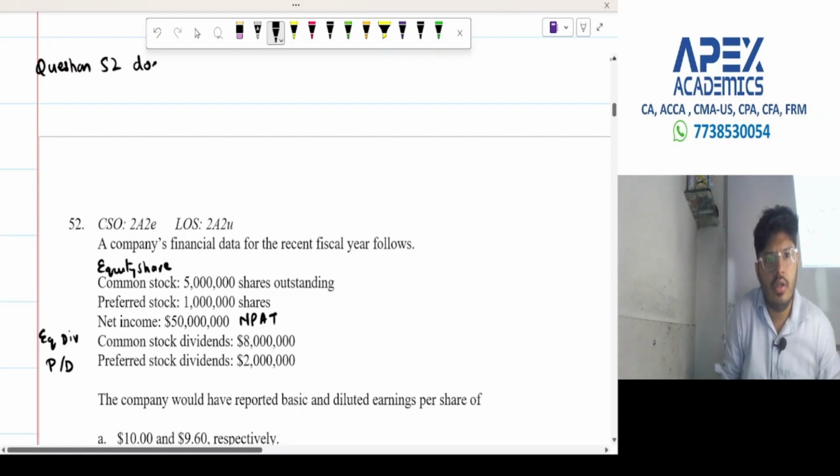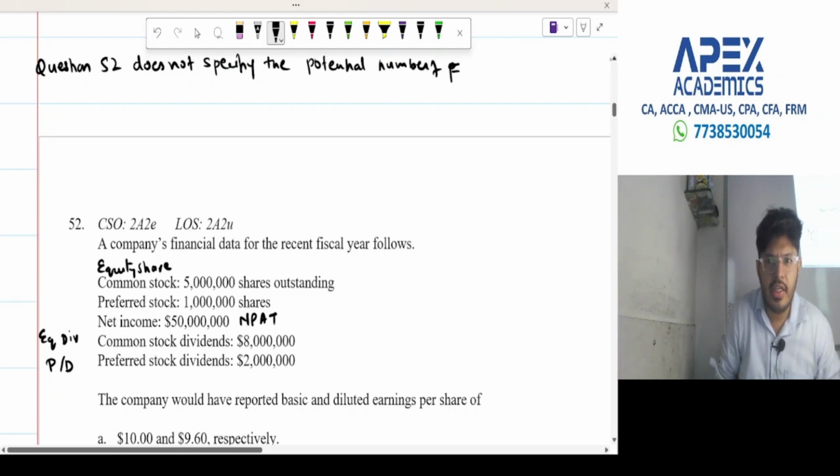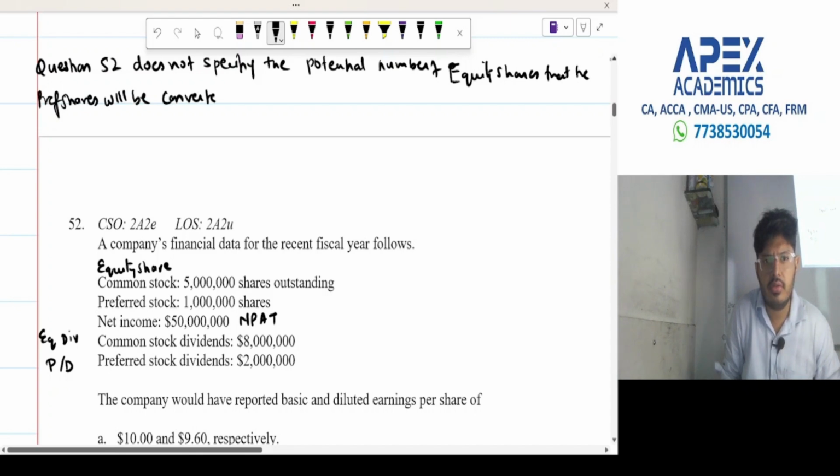52 does not specify the potential number of equity shares that the preference shares will be converted into.